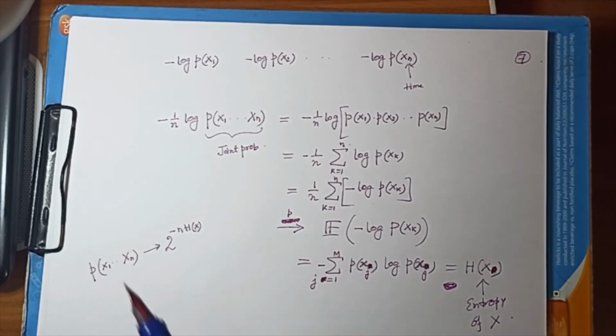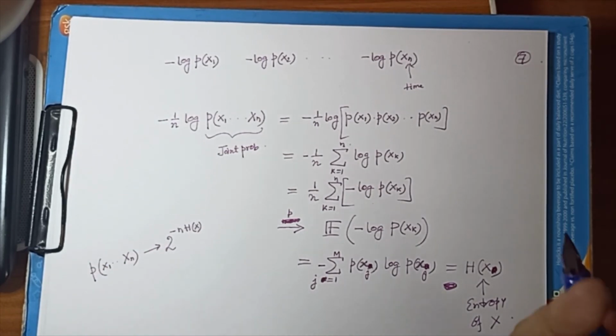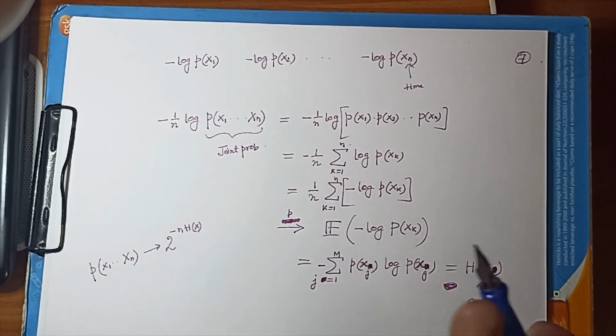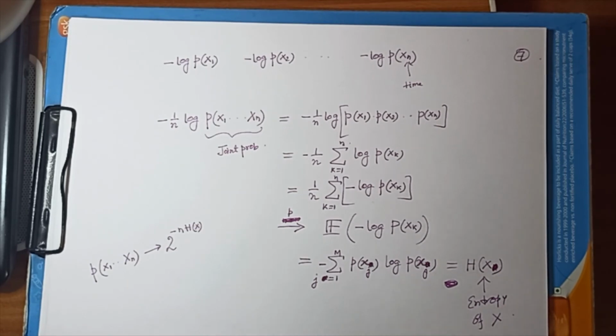So the joint probability is becoming like some uniform distribution. When you are taking n random variables, the joint probability is becoming uniformly distributed. And if it is uniformly distributed, the entropy will be maximum, and you don't have to do any Huffman encoding. You can simply do fixed length encoding, and that is good enough, isn't it?